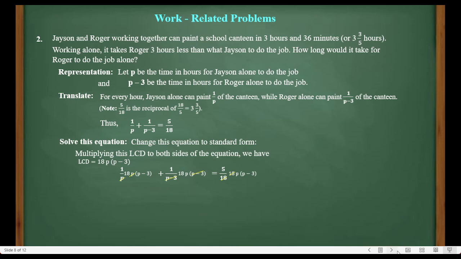Canceling P minus 3 and 18, the equation becomes 18P minus 54 plus 18P equals 5P squared minus 15P.